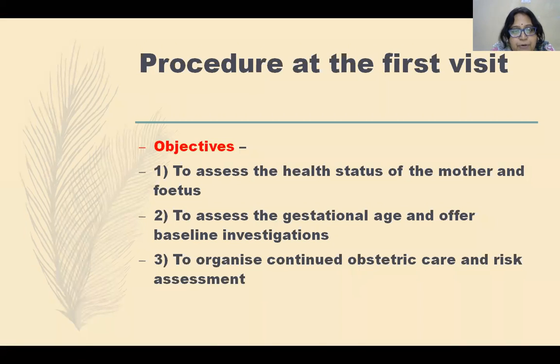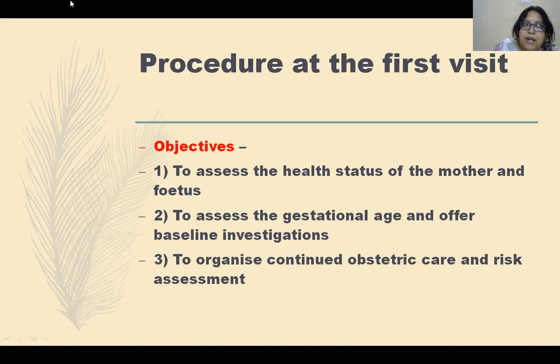We should also ensure that this care is continued throughout her pregnancy. We have to organize continued obstetric care and risk assessment, and make sure that she receives treatment throughout her pregnancy. So this is what we have to ensure when she comes to us for the first time.